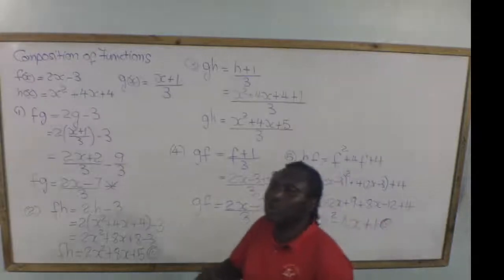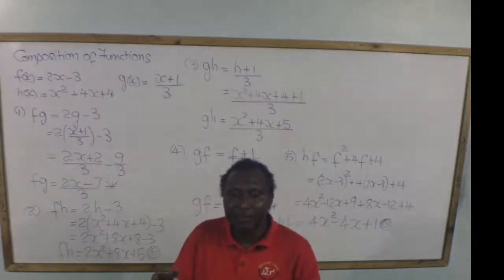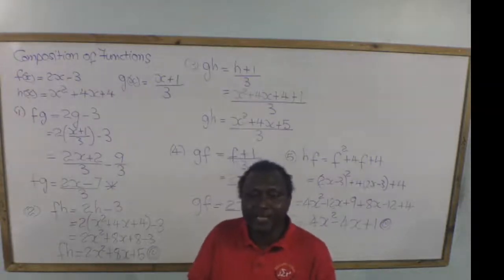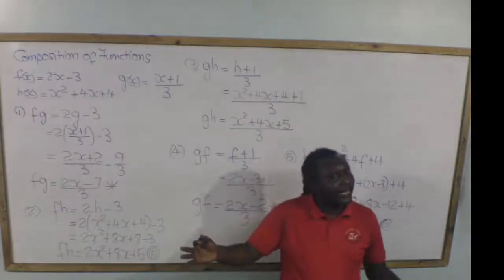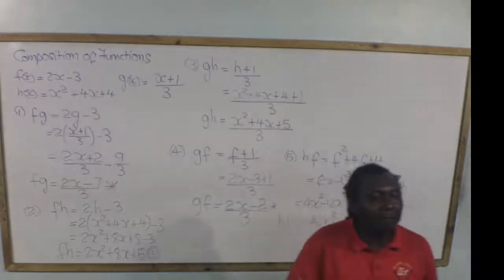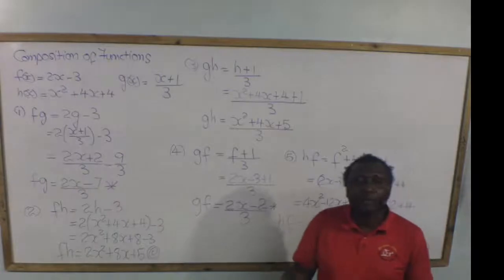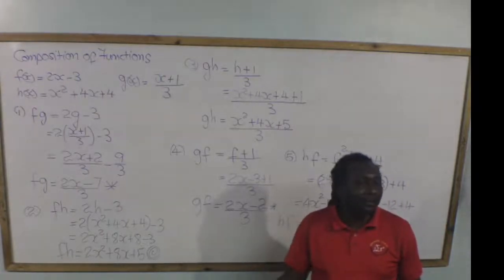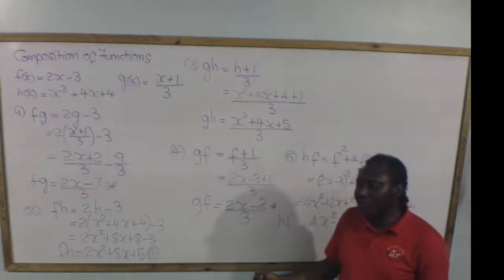We have to take note that the composition of functions is not commutative. Now, that is not to say that we do not have functions which, if you compose them one way and change the order of the functions, you will get the same answer. In some cases, some very rare cases, or the most popular one might be when you're composing a function with its inverse, the order does not matter.